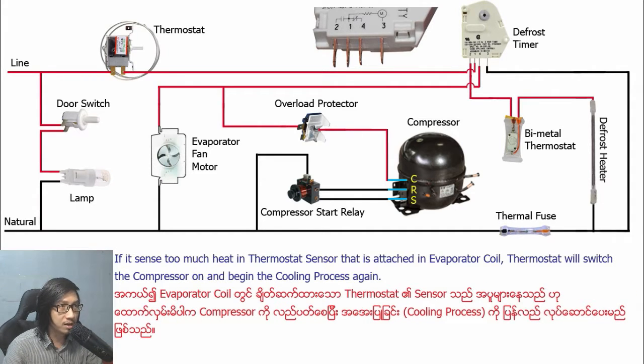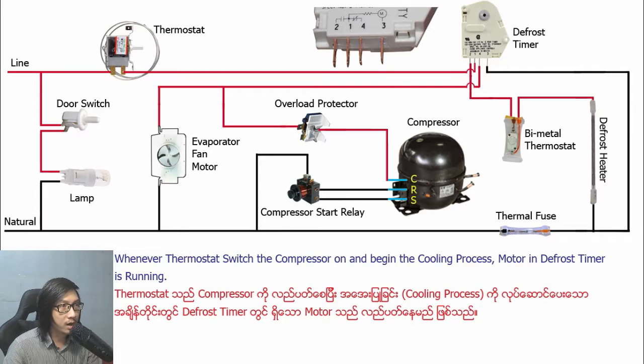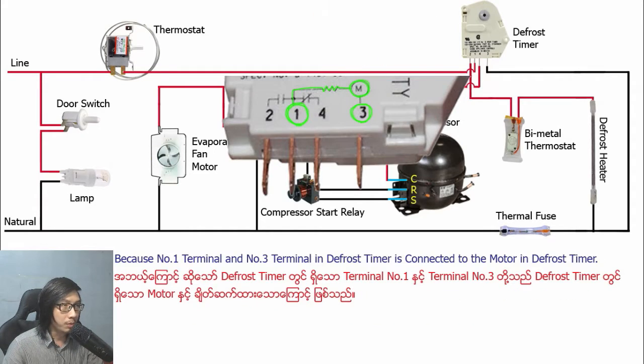If the thermostat sensor attached to the evaporator coil senses too much heat, the thermostat will switch the compressor on and begin the cooling process again. Whenever the thermostat switches the compressor on and begins the cooling process, the motor in the defrost timer is running, because number 1 terminal and number 3 terminal in the defrost timer are connected to the motor in the defrost timer.